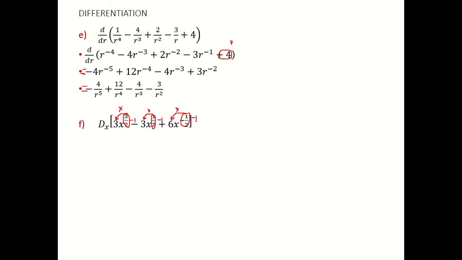Minus a half times 6 will give you minus 3, and a half minus 1 will give you minus 3 over 2. And hence you have that.